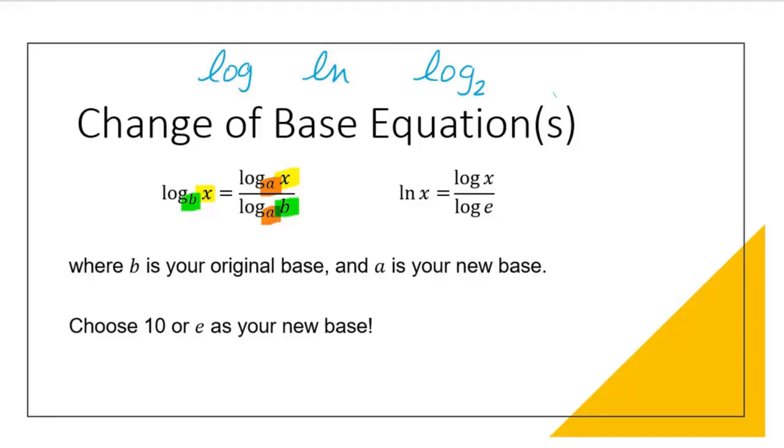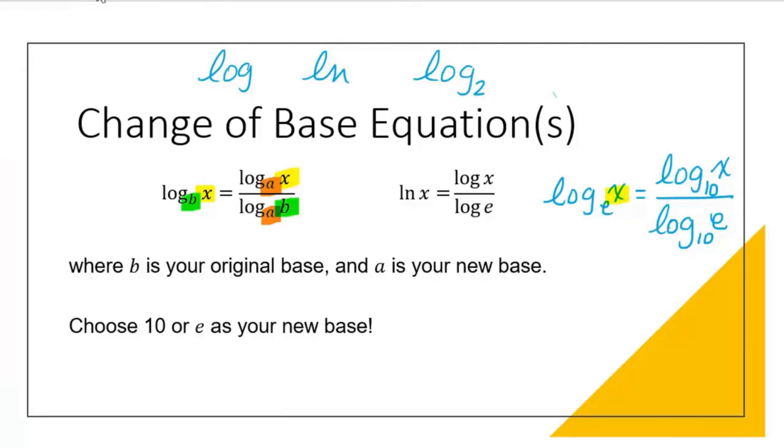For this next equation, it might be easier if I write out the ln of x as the logarithm of x to the base e. This is now equal to the logarithm of x, and since there's no base given, this indicates base 10, divided by the logarithm of e, also to the base 10. Essentially, with this second equation, you can see the first equation in action.